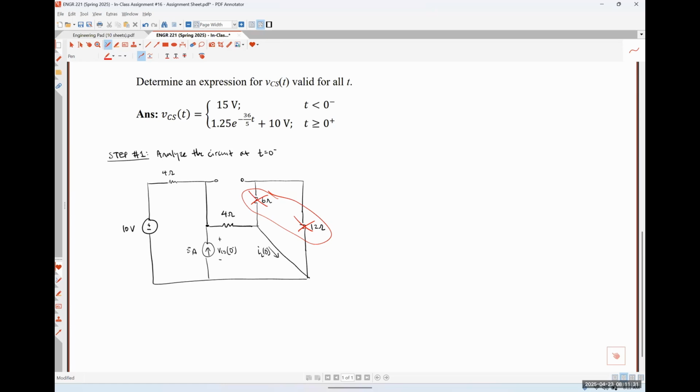Carter. Do a source transformation of the 10 volts in order to bring it into amps, and then combine it with the current source.